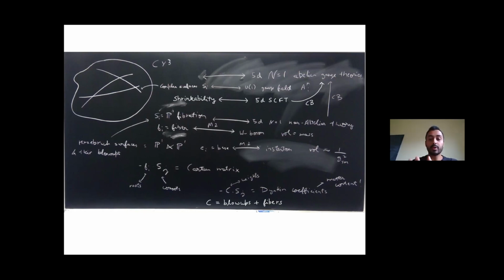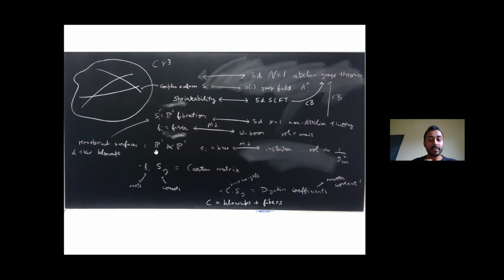So if you want to go to the origin of the Coulomb branch, you want to send the mass of W bosons to 0, which means contracting these fibers. Right, and so these P1 fibered surfaces can be understood in terms of Hirzebruch surfaces and their blowups. So I want to study Hirzebruch surfaces and their blowups.